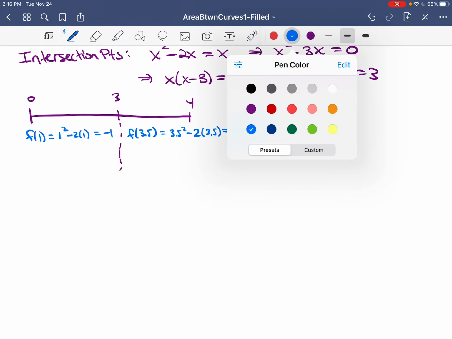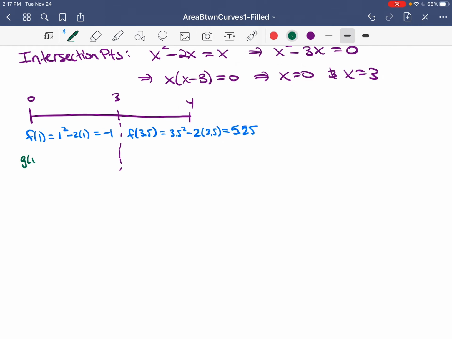Then g of 1 is 1, and g of 3.5 is just 3.5. So you can see from 0 to 3 that g of x is bigger than f of x. Here's where they're equal at 3.